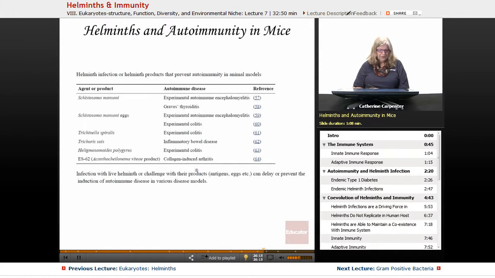This particular Acanthocheilonema, I can't quite pronounce that name, but anyway, is protective for collagen-type arthritis. Now, again, this work has not been performed in a phase 3 clinical trial environment, but boy, these results certainly are suggestive.